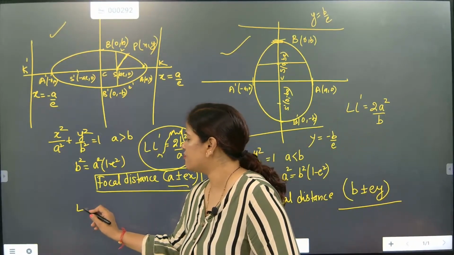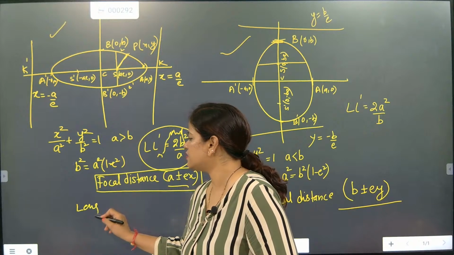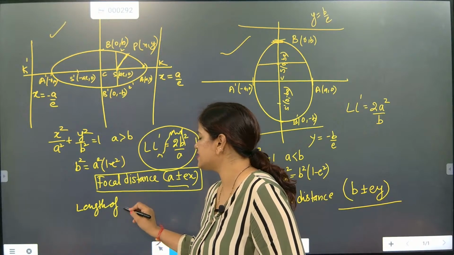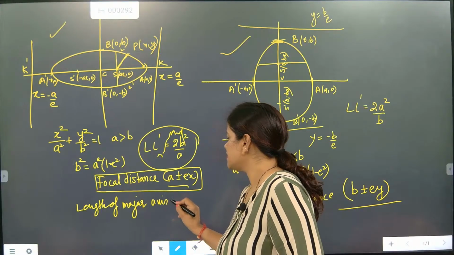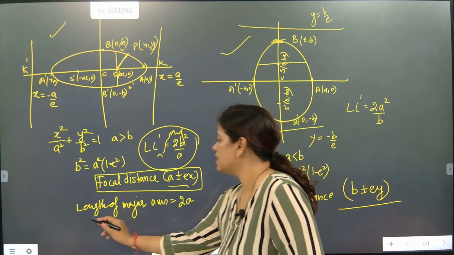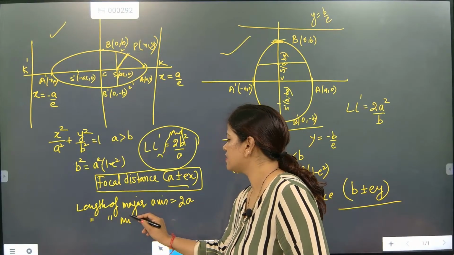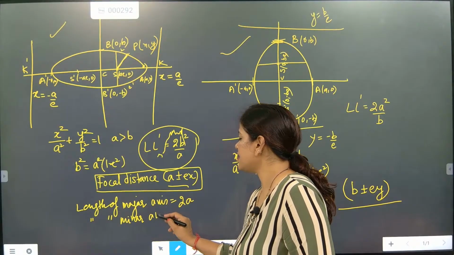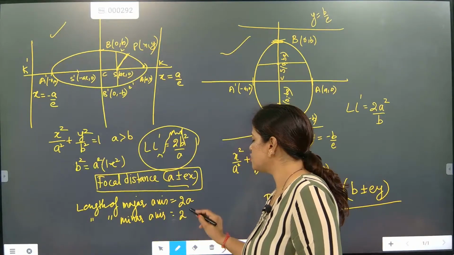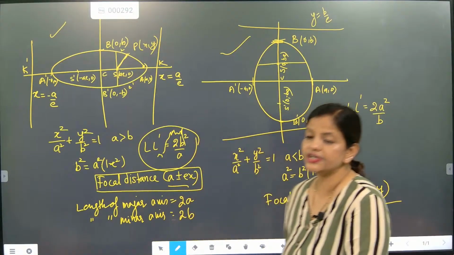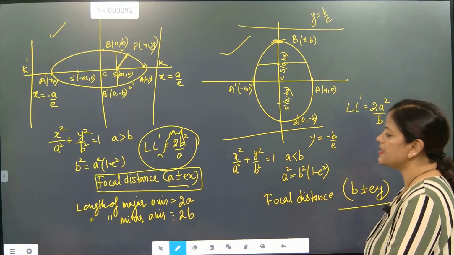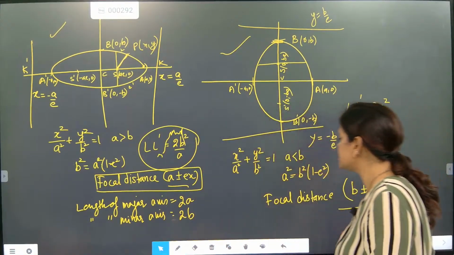So length of major axis is 2a here, and length of minor axis is 2b here, beta. So if somebody asks you, the length of major axis is 2a and the length of minor axis is 2b.